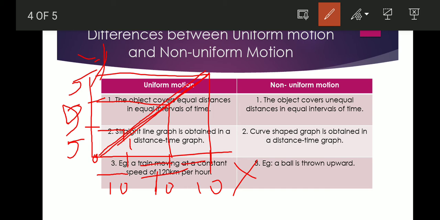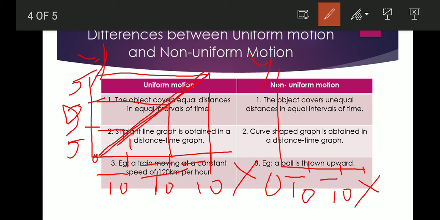Let's draw another graph. This is the y-axis and this is the x-axis, the origin. The time difference is the same, the time frame is the same: here 10 minutes, here also 10 minutes, and here also 10 minutes.